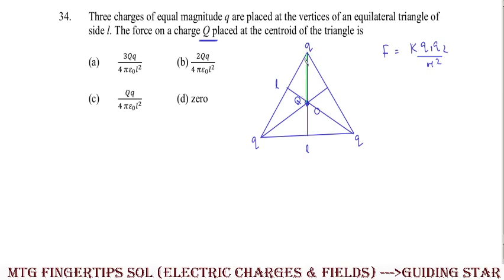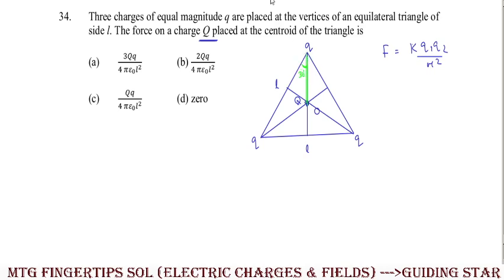This distance, how much will it be here, we have to calculate. Clear? So what is the distance from the vertex to the centroid? In this particular case, what do we have to do? As we know, the total angle at a vertex in an equilateral triangle is 60 degrees. That means this perpendicular line will divide it into equal halves, so it will be 30 degrees. Clear?